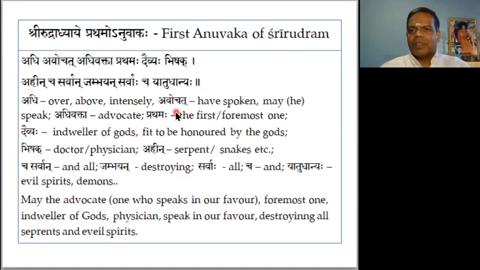He is within brackets because it is first person, third person, singular. So that is the verb avochat. So adhi avochat means who speaks over and above something. If someone has said something over that, above that, you can say overrule also. We will come to understand the meaning when we go through the mantra.